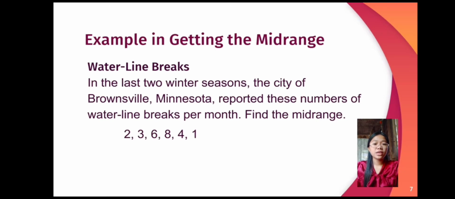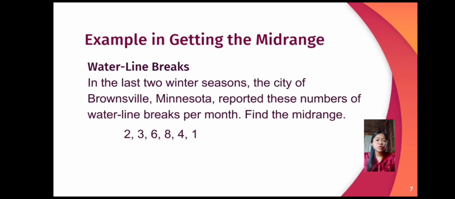So we have here the example, water line breaks. In the last 2 winter seasons, the city of Brownsville, Minnesota reported the numbers of water line breaks per month. Find the mid-range. So we have here the data 2, 3, 6, 8, 4, and 1.